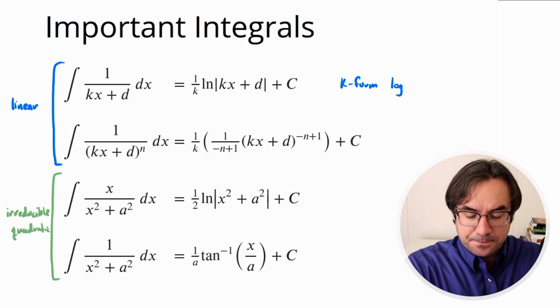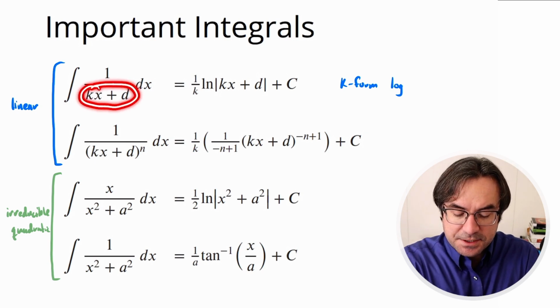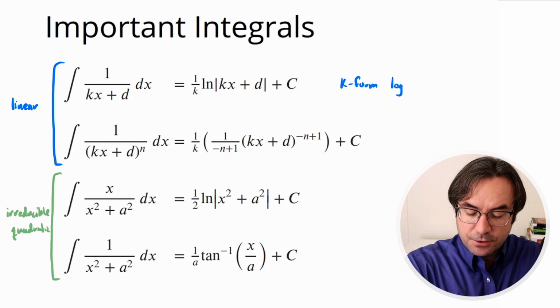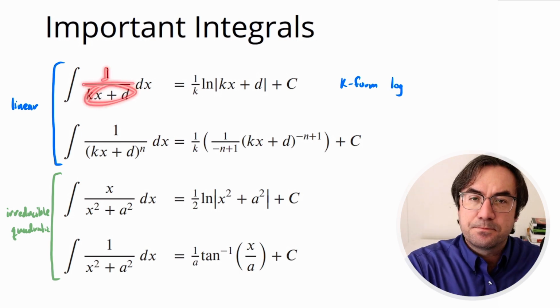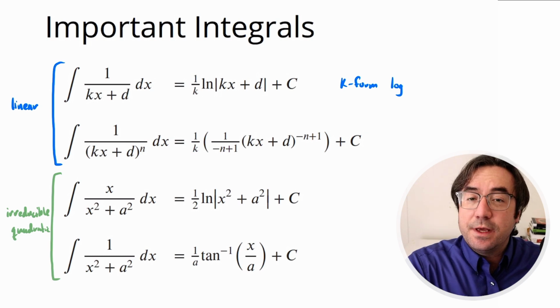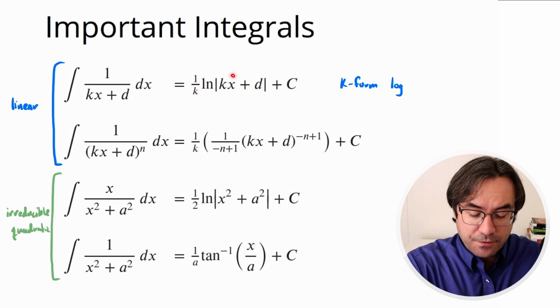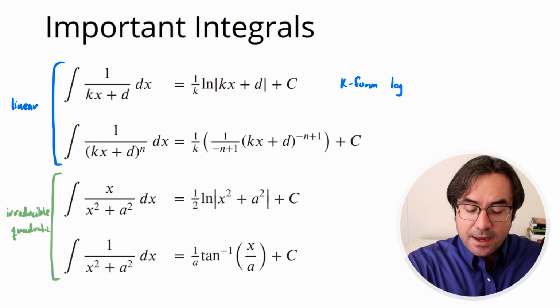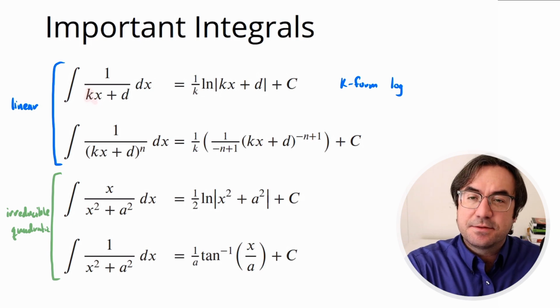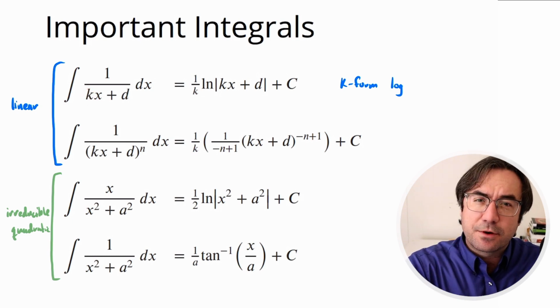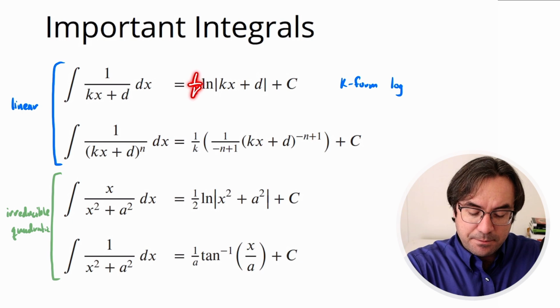So how does this work? Well, we have this kx plus d in the denominator, so it's just 1 over that term. And when we do the integral, we get the natural log of the absolute value of all that stuff in the denominator, and then we take that constant k that's multiplying just the single power of x, and we flip it and put it in front.